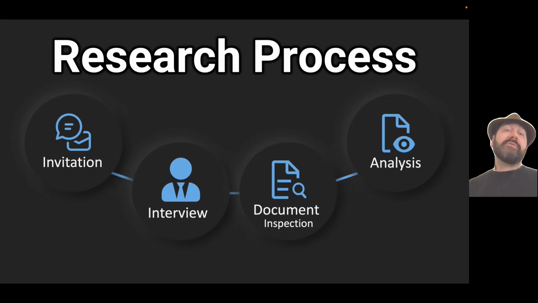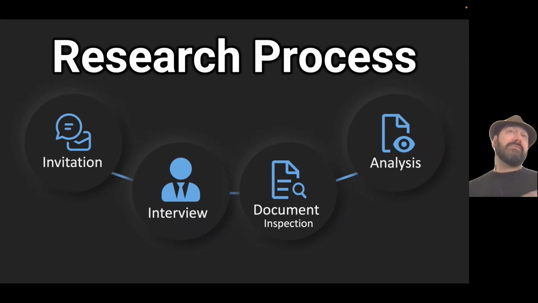So, in our research process, first of all, we invited companies. Of course, they need to adopt an agile method because that was one of our goals, right? To investigate this in the context of agile teams. So, from the companies we invited, three accepted the invitation, three very different companies.